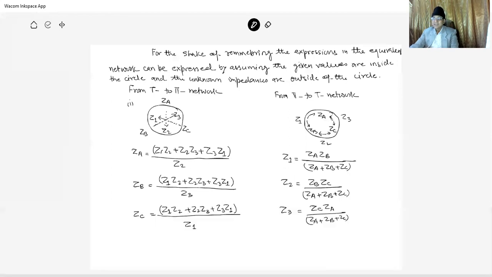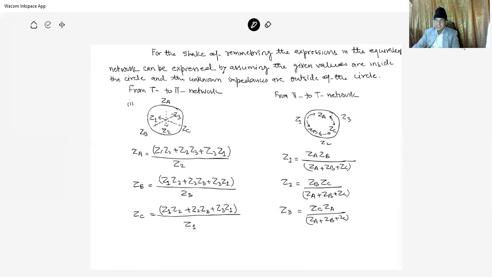You see, for the sake of remembering, the expressions in the equivalent network can be expressed by assuming the given values are inside of the circle and the unknown impedances are outside of the circle.